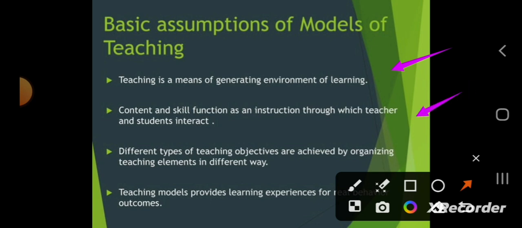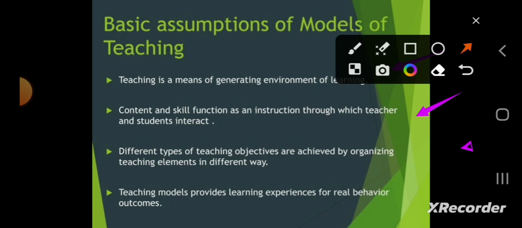Next, content and skill function as instructional tool. In teaching models, both content, what is taught, and skill, how it is taught, are integral. They work together to facilitate interaction between the teacher and students, shaping how information is conveyed and absorbed. Different types of teaching objectives are achieved by organizing teaching elements in different ways.